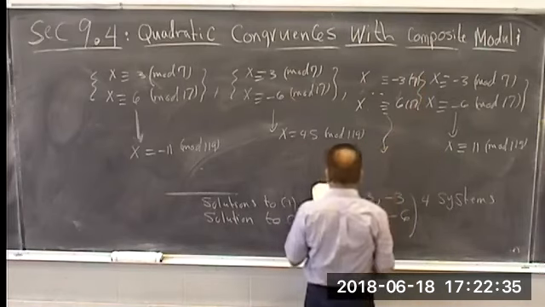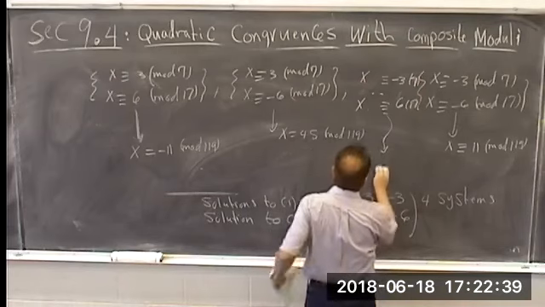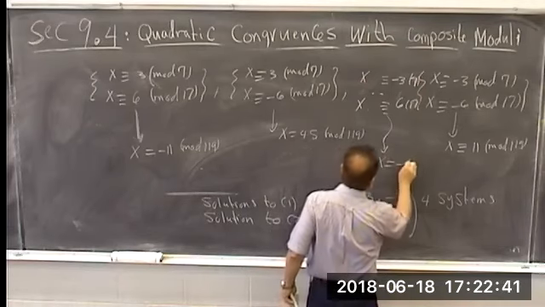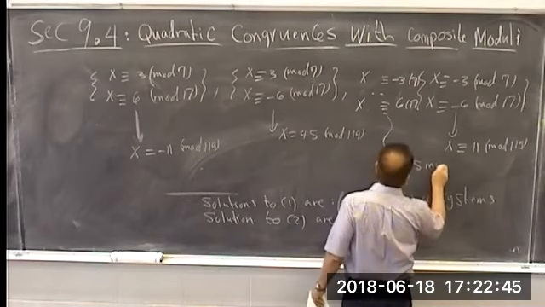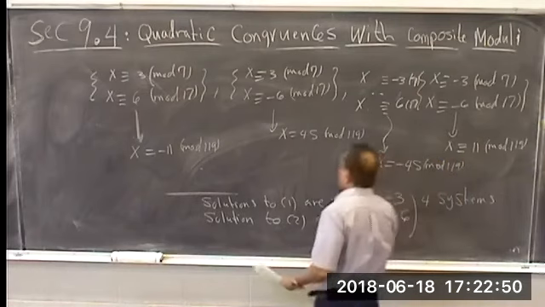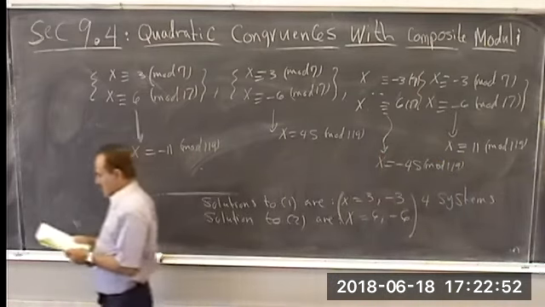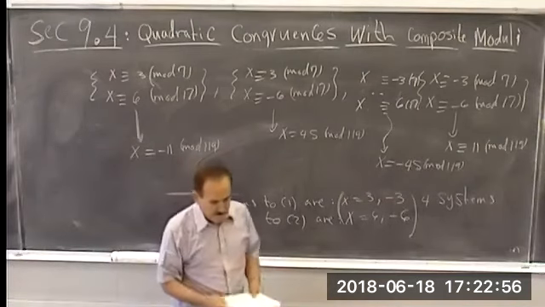The solution for this happens to be negative 45, mod 119. So put these together, all these are the different solutions. So plus minus 11, plus minus 45.